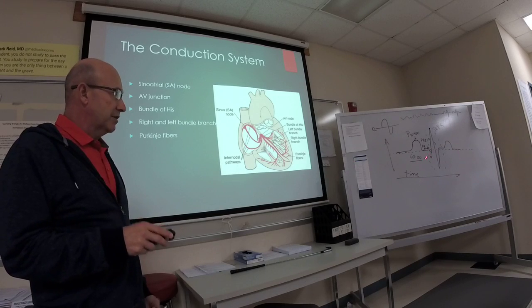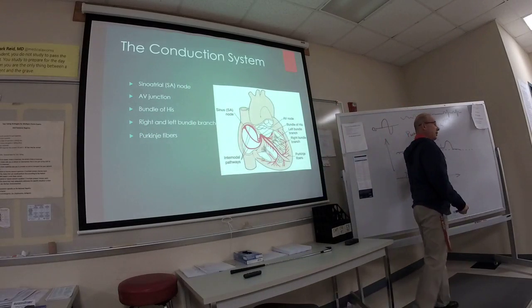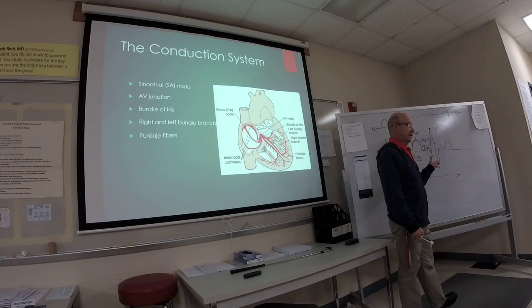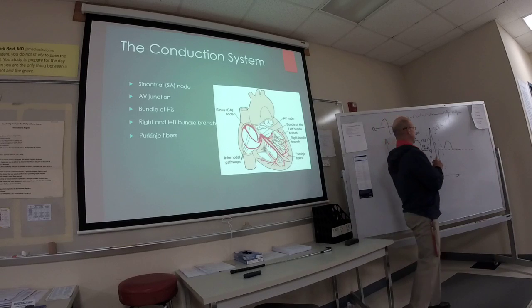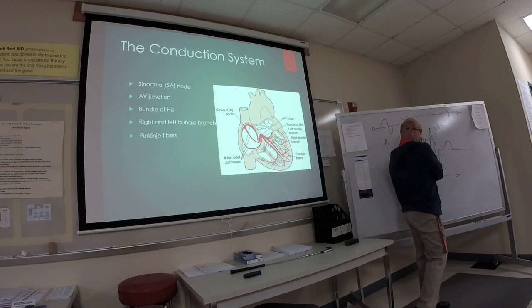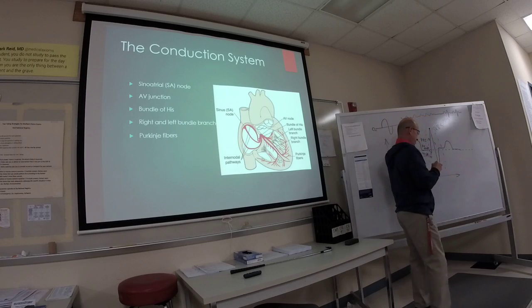Now, you mentioned it. Here it's the backup pacemaker. So what's the intrinsic firing rate of the AV node? It's less than 60, right? So it's about 40 to 60 is the intrinsic firing rate.